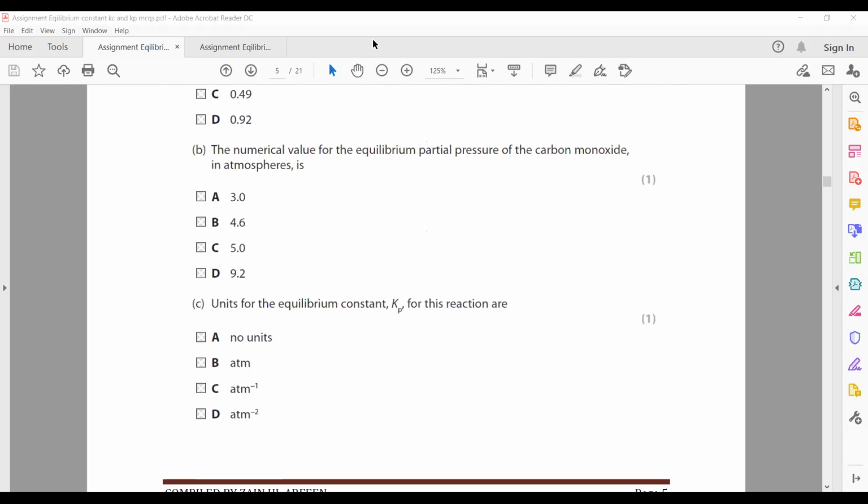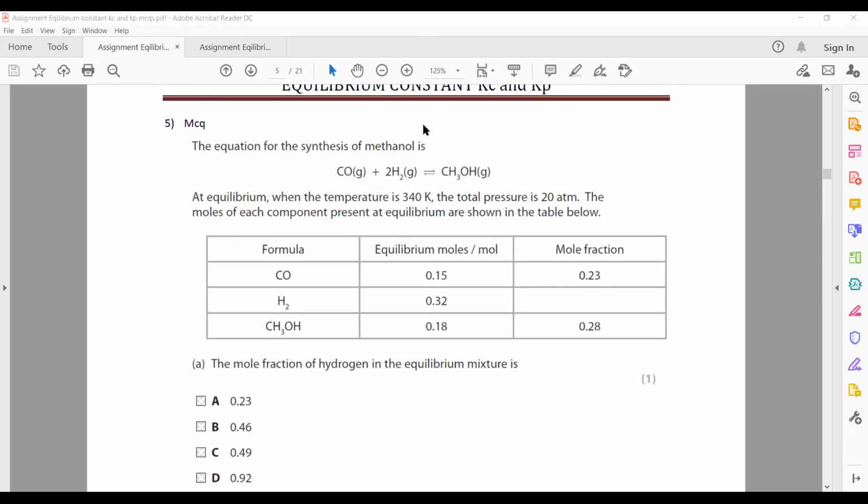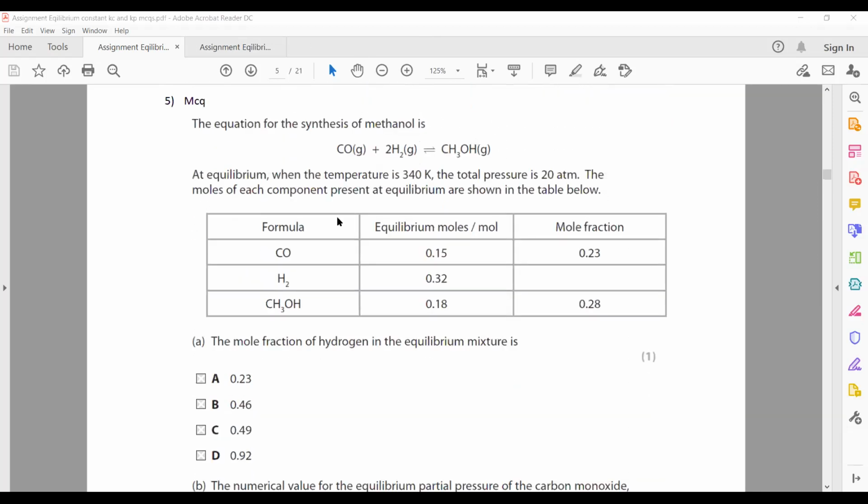And then you will substitute the values for Kp. What is the unit for Kp? You can write an expression here. As Kp is products divided by reactants, the pressure of the product, pressure due to CH3OH, is divided by pressure due to carbon monoxide and pressure due to hydrogen.